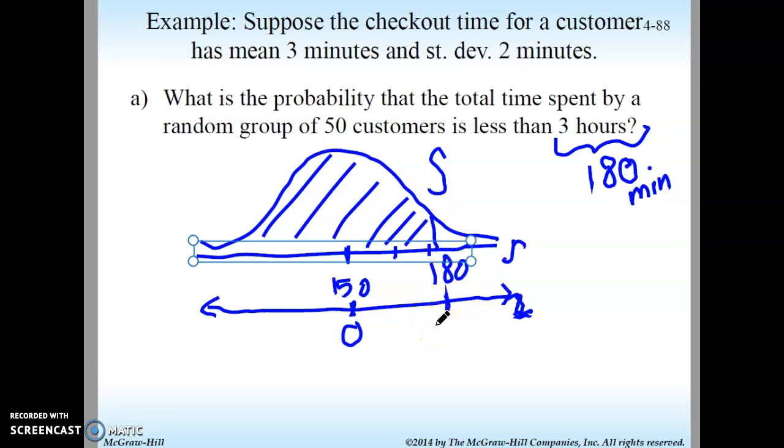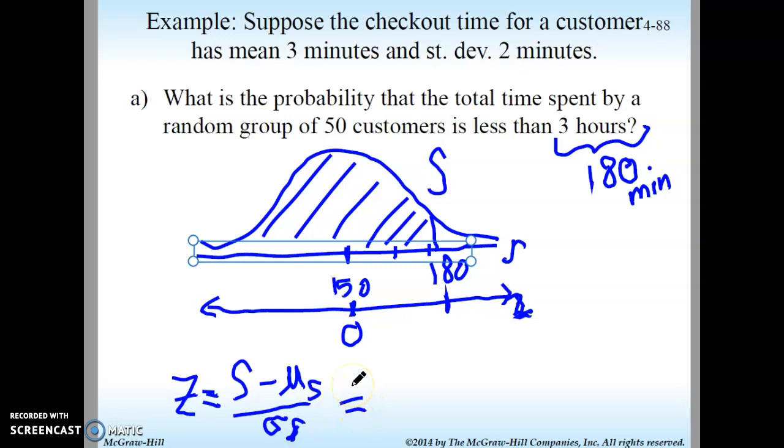When we standardize, z equals the score you're interested in minus its mean, so S minus the mean for S, over the standard deviation for S. You always have to make sure the mean and the standard deviation go with the right distribution.